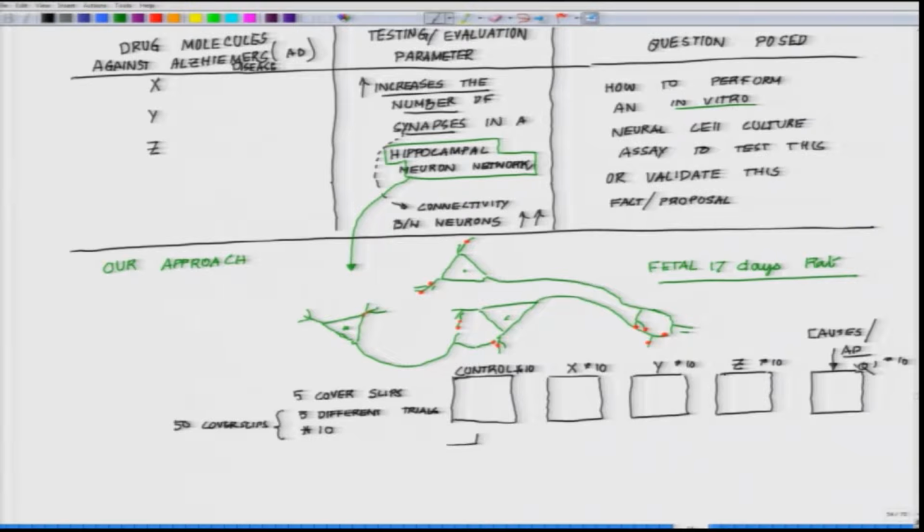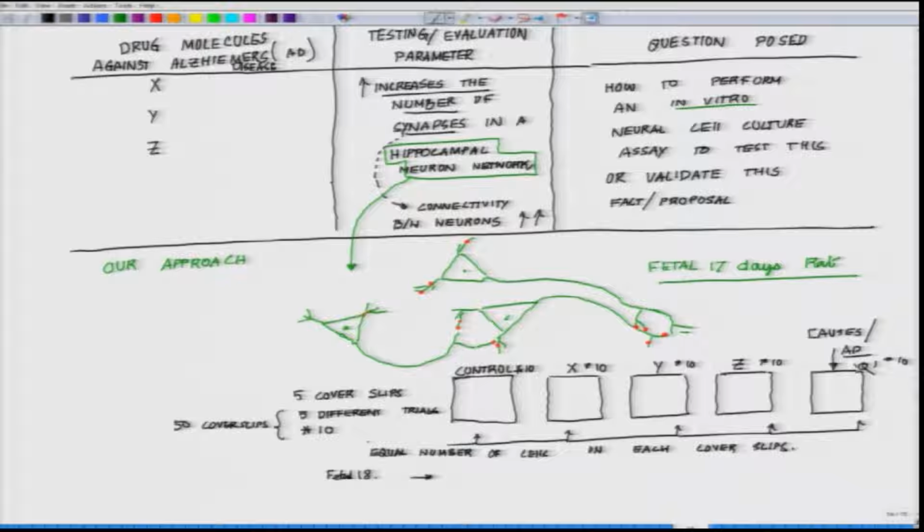So, what you do, you plate an equal number of cells on each cover slip. You have to ensure a couple of things while you are doing that. You have to ensure the source animals are of the same age, they are all fetal 18, and you are plating them under the same conditions.